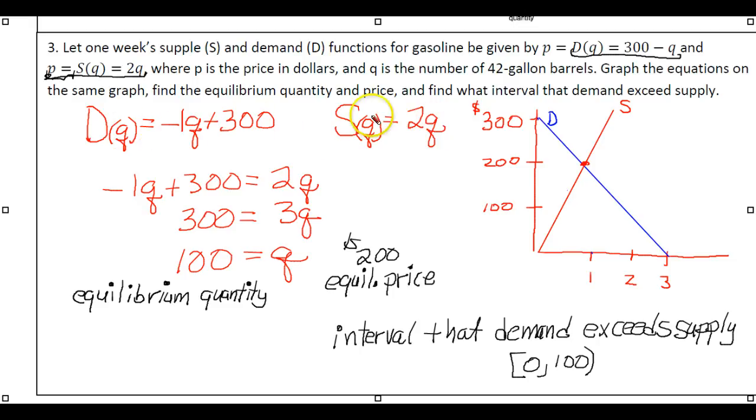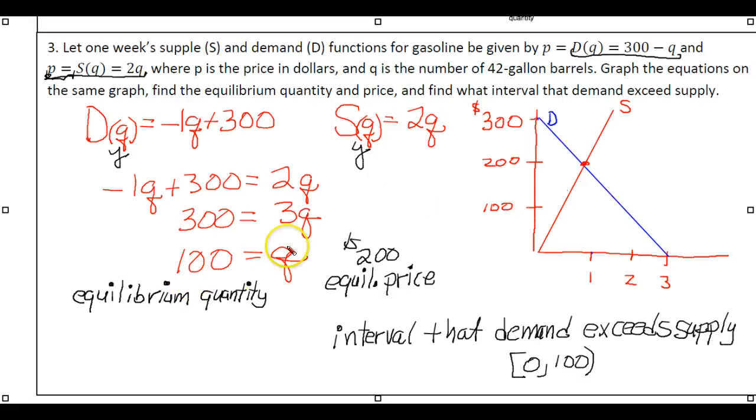So demand and supply. So we've sketched it into a little graph, and again we're suggesting that y equals y, and we solved this adding 1q. Now normally we don't put the 1 there. I put that there for emphasis. We get 3q equals this, so q, which is your equilibrium quantity, is 100.